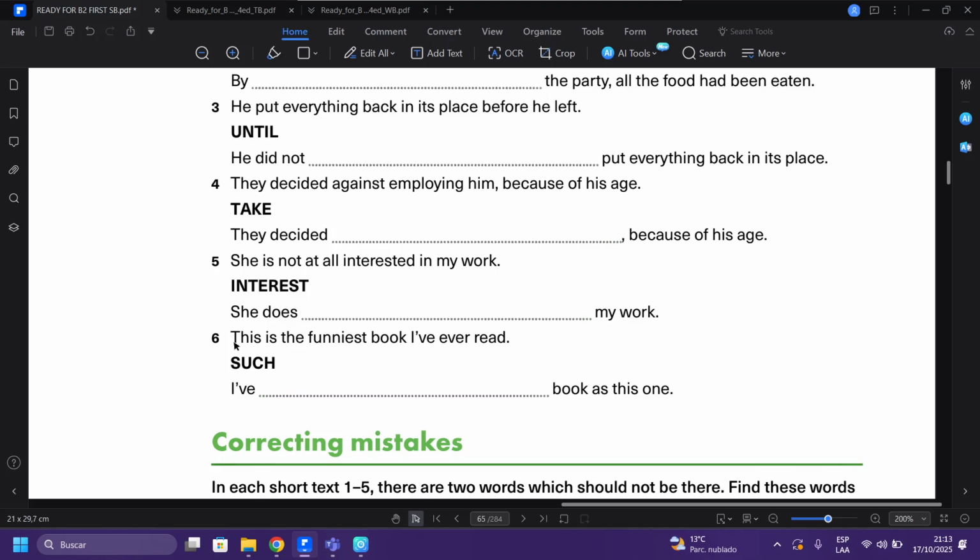At all, that is the clue. She doesn't have any interest in my work.